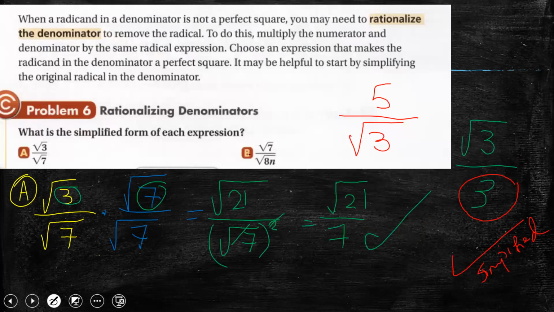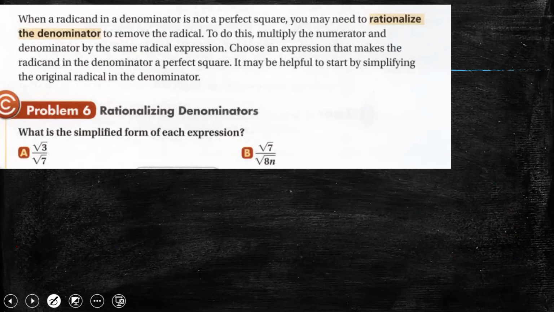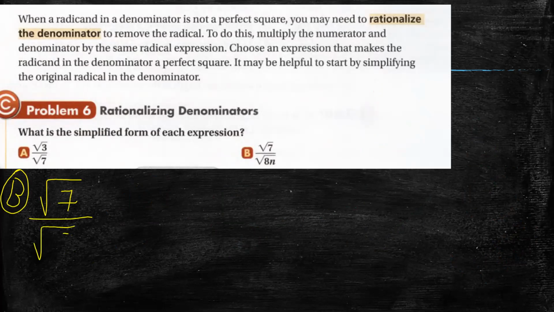Now, let's do B. In B here, we have square root of 7 over square root of 8n. What is the denominator here?